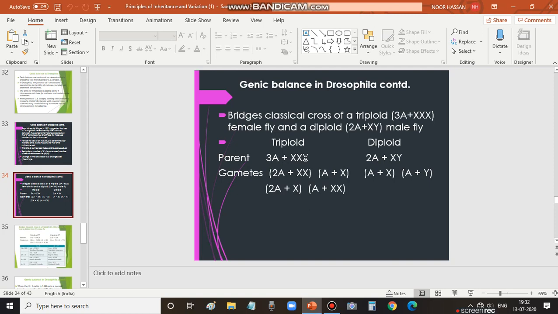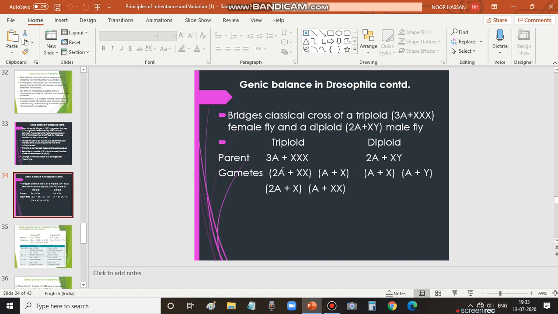The triploid female, 3A plus XXX, forms gametes with 2A plus 2X chromosomes, and 1A is remaining, so 1A plus the remaining X is the other gamete. This is how gametes are formed.